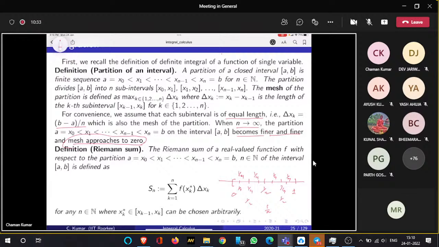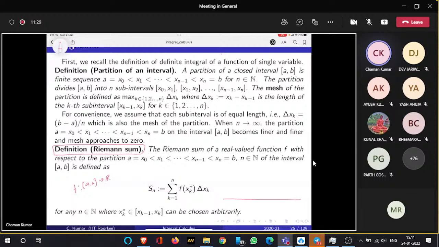So that means f is a function from R to R. Or for the convenience, we can say that the domain of the function is the interval a to b. So f is defined on the interval a to b. And let us say that this is the shape of the function.